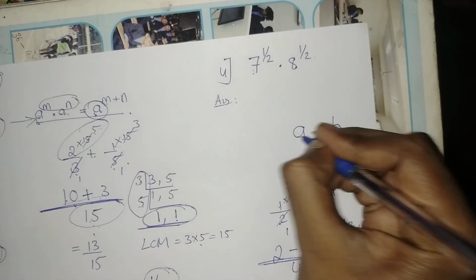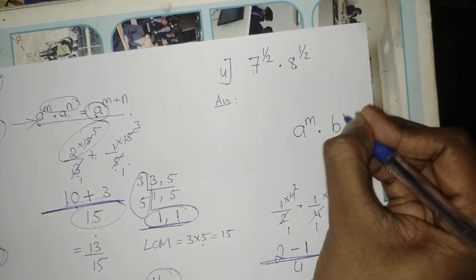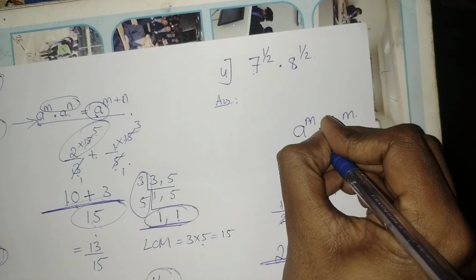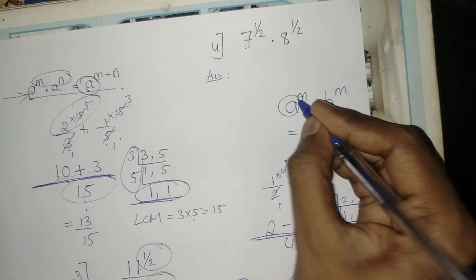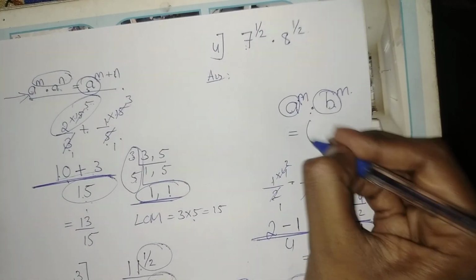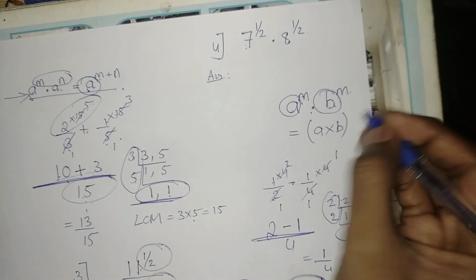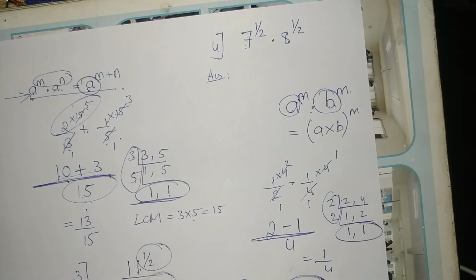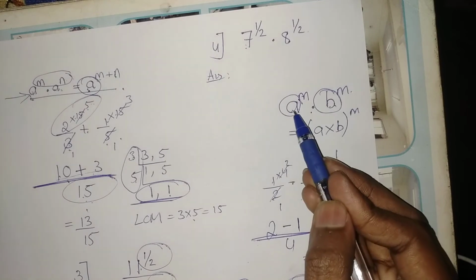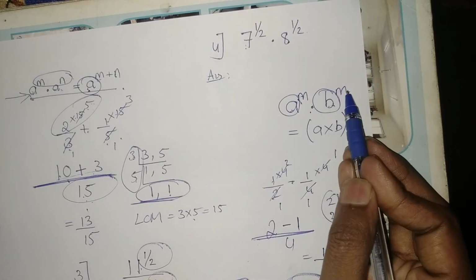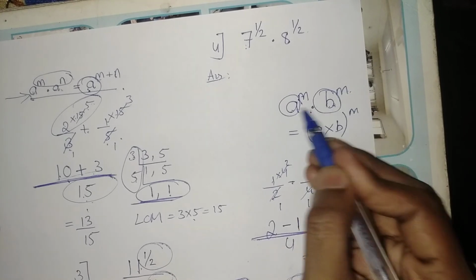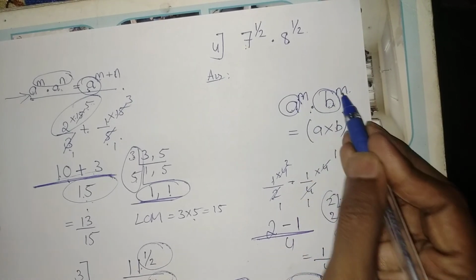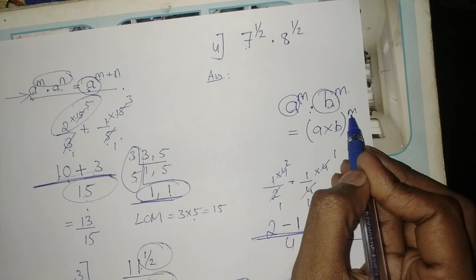Whenever we have two different bases with the same exponent with the multiplication sign in between, I can simplify it just by multiplying the bases a into b, retaining the exponent m only one time. I will repeat again. When the bases are different and the exponents are same, and we have a multiplication sign in between, I can multiply the bases like this, retaining the exponent only once.